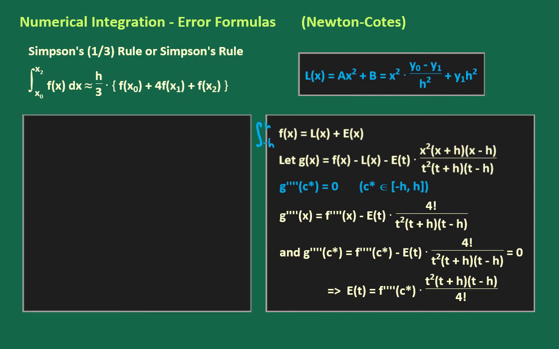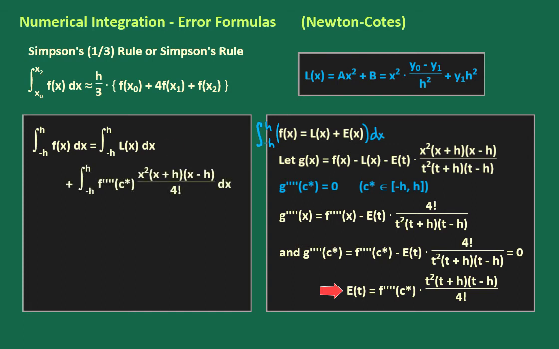If we integrate f of x from minus h to h, this should be equal to the integral of L of x plus the integral of the error term E of x. E of x is given by the last line on the right panel with t replaced by x.